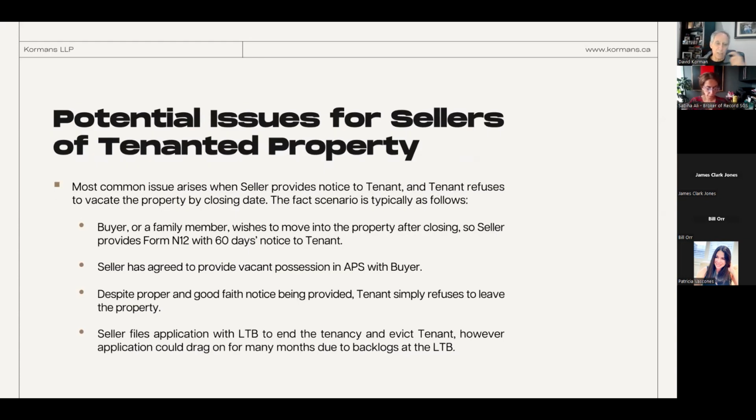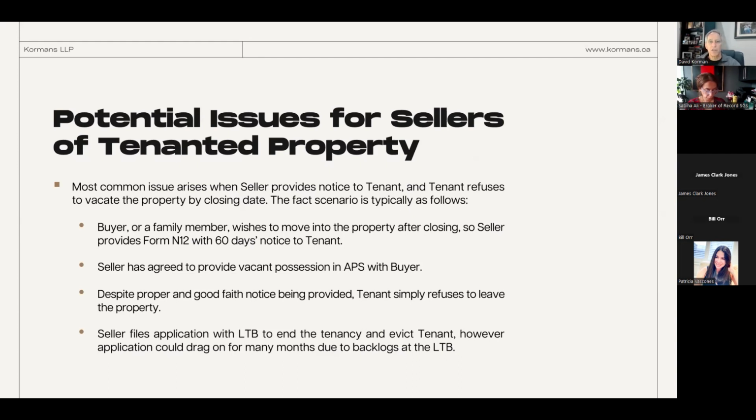So let's go over some potential issues that could come up for sellers when someone is selling a tenanted property. The most common issues arise when a seller provides a notice to the tenant and the tenant refuses to vacate by the closing date. This usually happens when a buyer or family member wants to move in and the seller is issuing that N12 with the 60 days notice to the tenant.